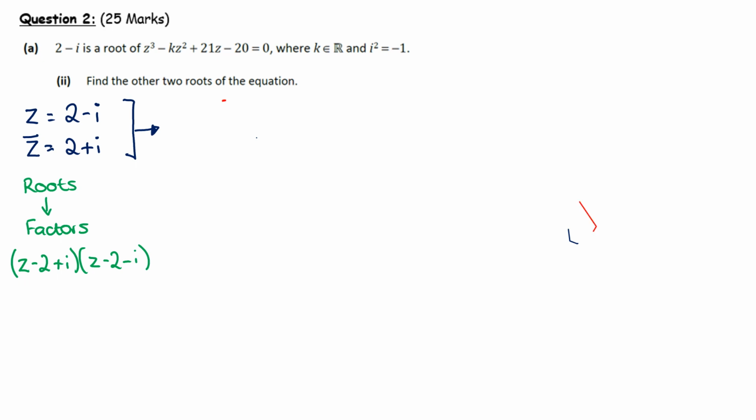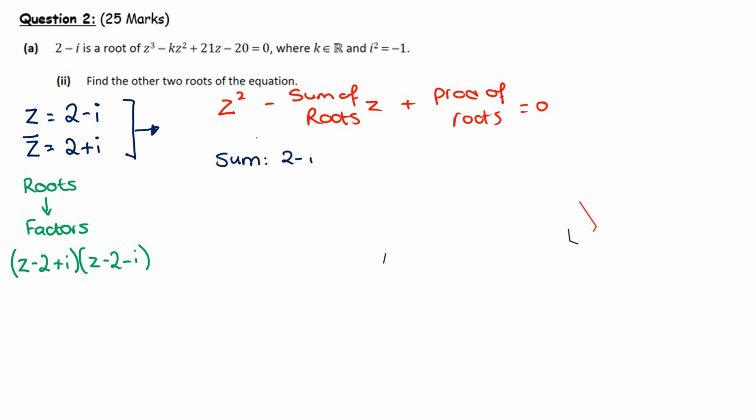And the shortcut is z squared minus sum of the roots z plus product of the roots, and that equals 0. So we're going to need to get the sum, which is 2 minus i plus 2 plus i, which is just 4, and then the product, which is 2 minus i, 2 plus i.